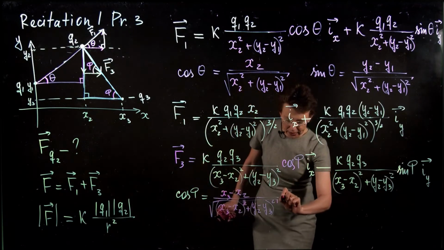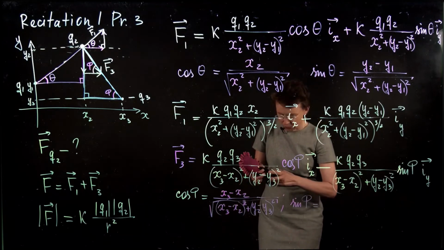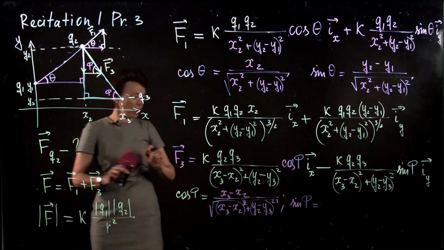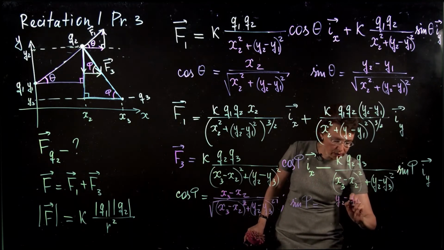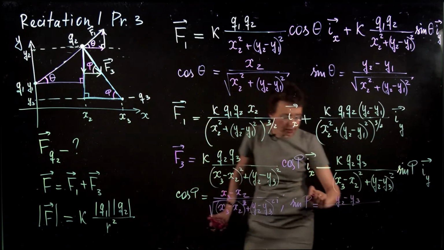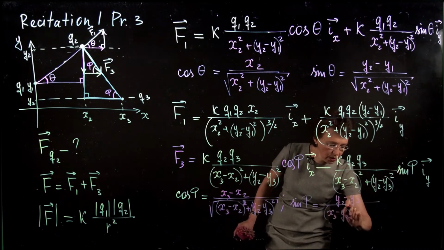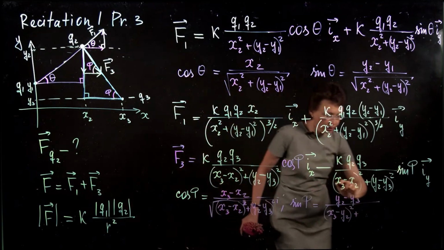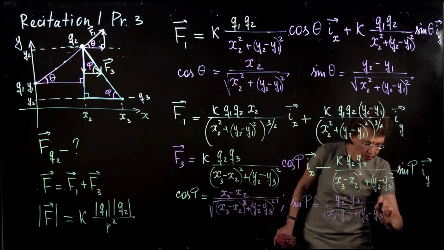And then I have sine phi. For sine phi, I will have the opposite leg, which is y2 minus y3, divided by the hypotenuse, which is the square root of x3 minus x2 squared plus y2 minus y3 squared.